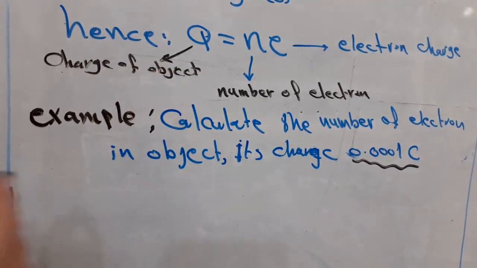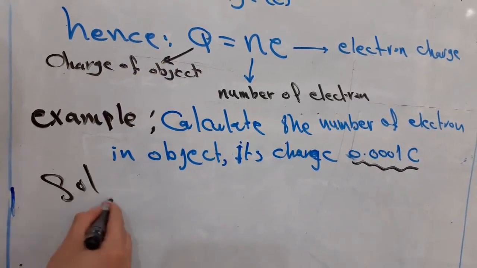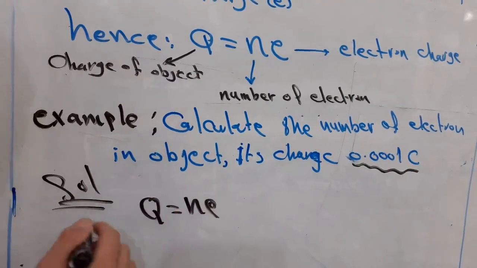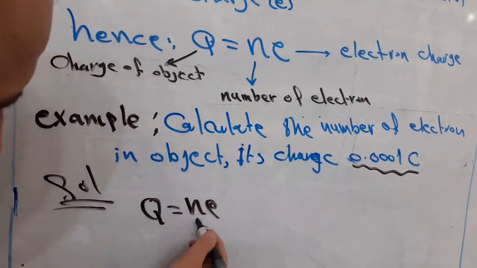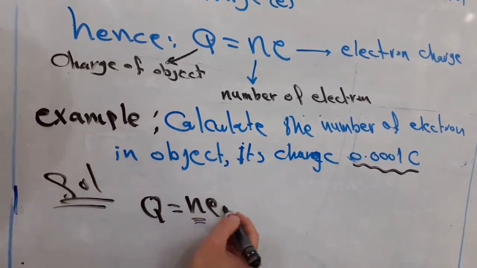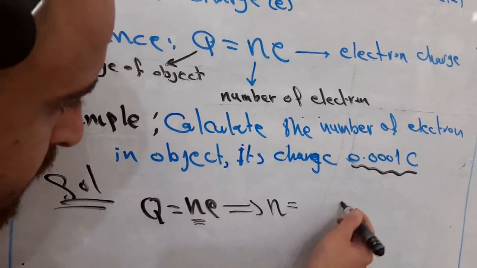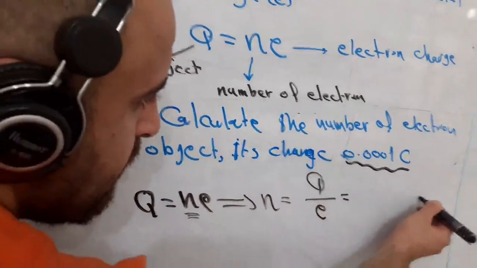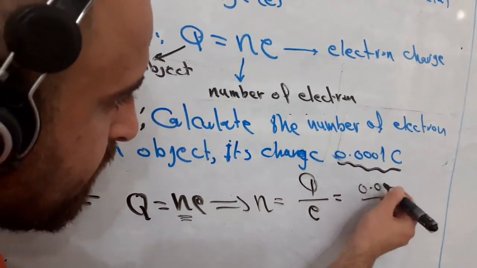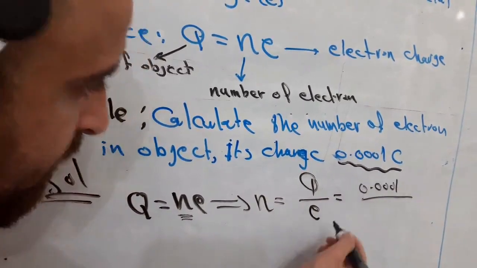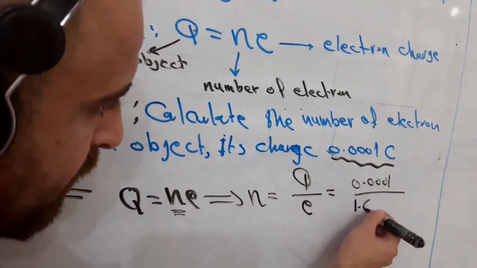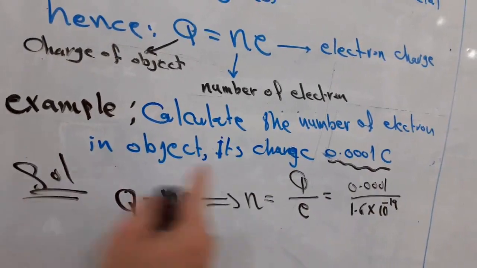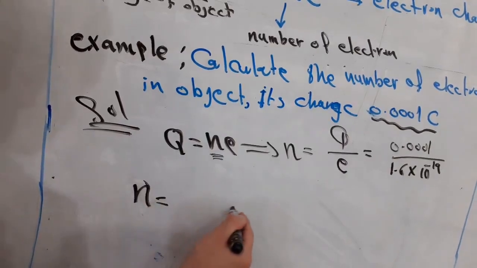Very easy. Q equals N e. To calculate the number, N equals Q over e. Q equals 0.1 over e, which is 1.6 times 10 power minus 19.